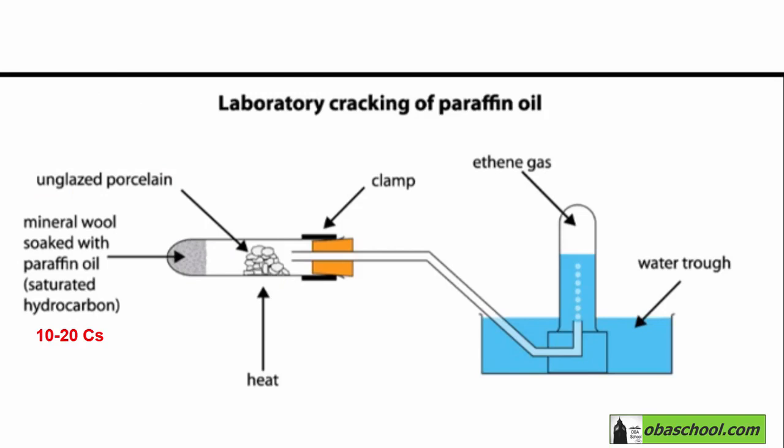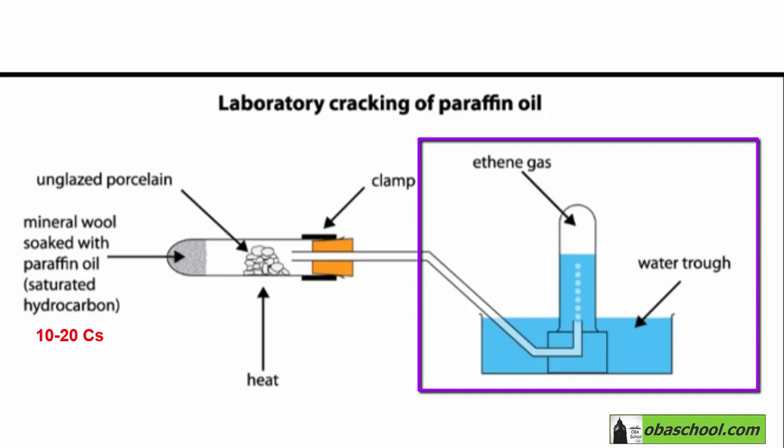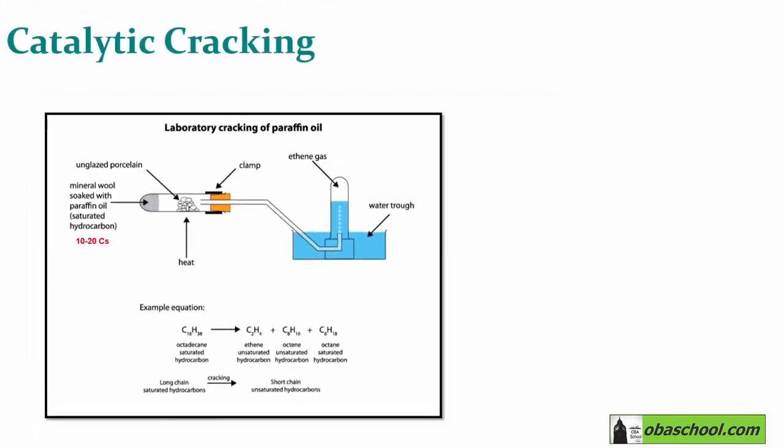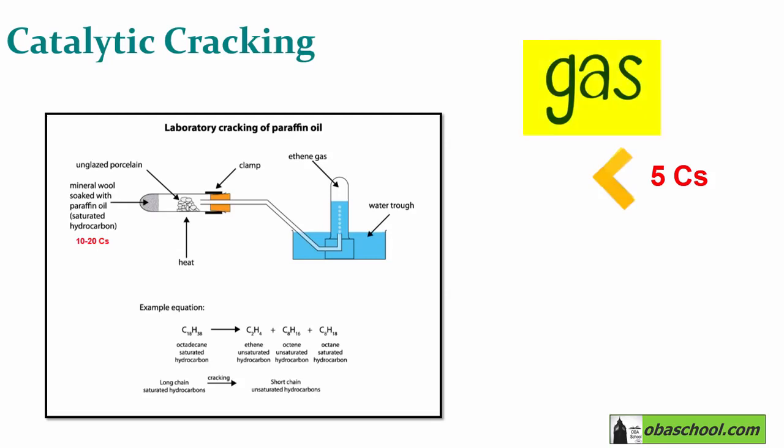And then this tube will be heated, which is closed of course. And the vapor will pass, and mainly we will collect ethene gas. So the products will mostly be gases, showing that they have chain lengths of less than 5 carbon atoms. Remember that chains having less than 5 carbon atoms are most likely to be gases.